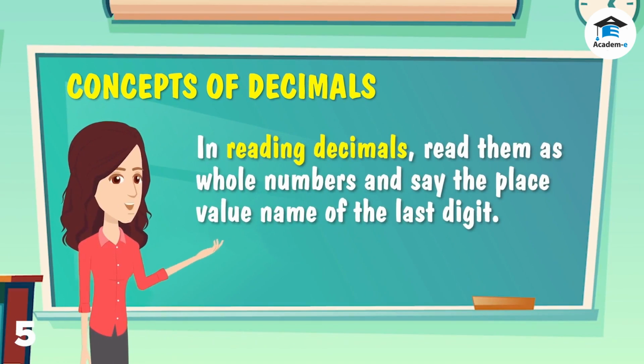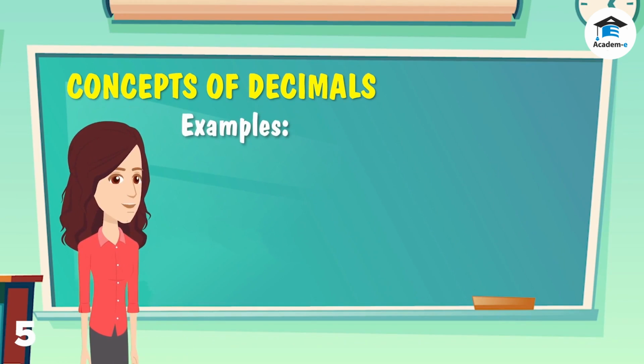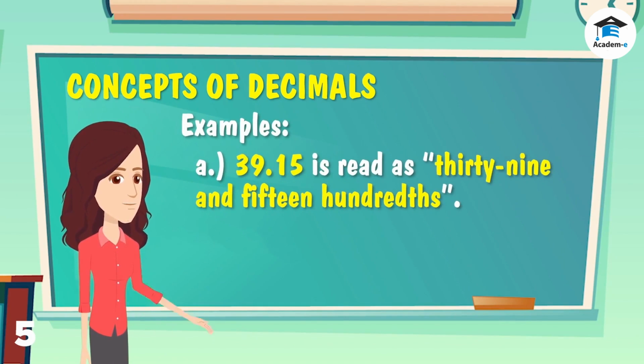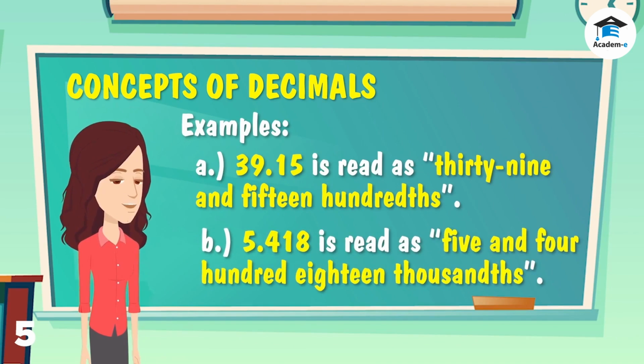In reading decimals, read them as whole numbers and say the place value name of the last digit. Examples. A. 39.15 is read as 39 and 15 hundredths. B. 5.418 is read as 5 and 418 thousandths.